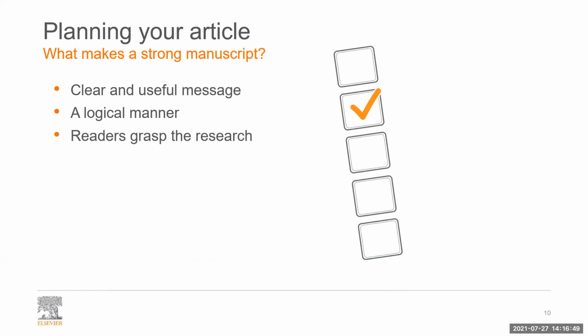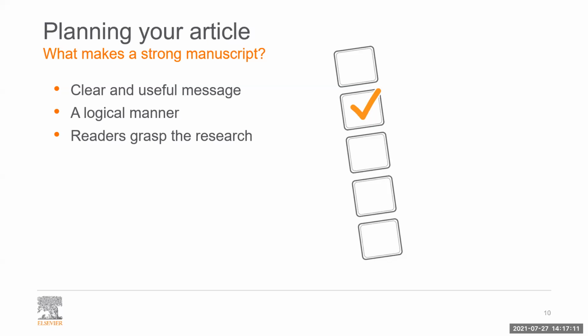So what makes a strong manuscript? Strong manuscripts have three key characteristics, and editors will always be checking for these three things to make sure that it fits in their journal and also is of interest to their readers. So first, they want your scientific message to be clear, useful, and exciting.